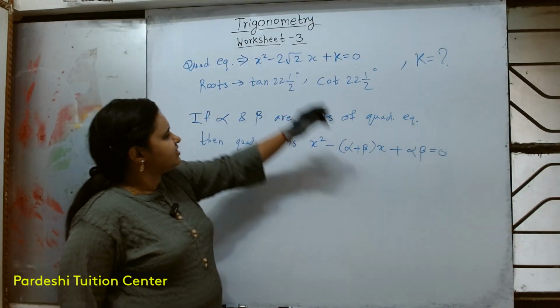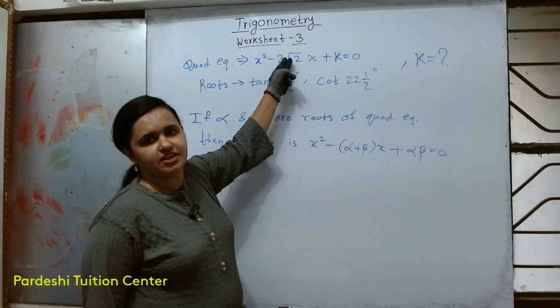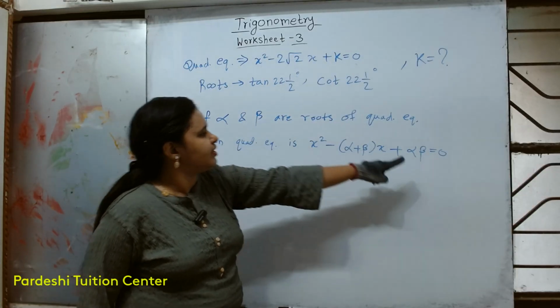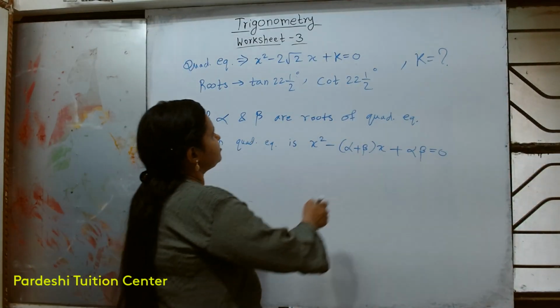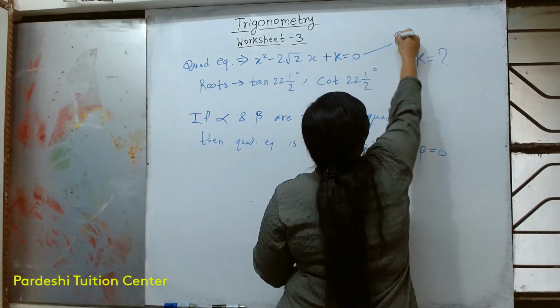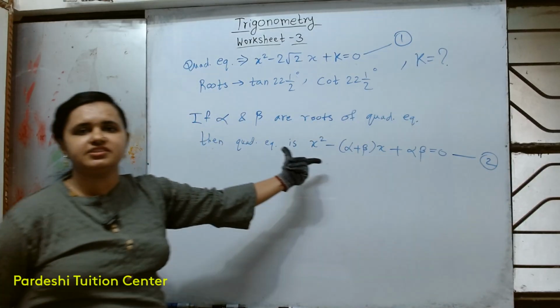So in this form, if we take 2 root 2 as alpha plus beta, then alpha into beta is k. I put this as equation 1 and the other as equation 2. This is the condition you should always remember.